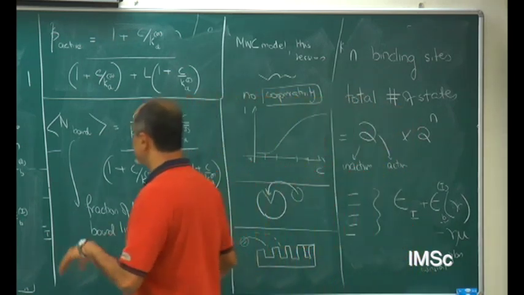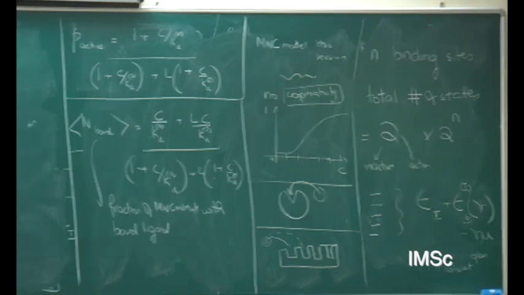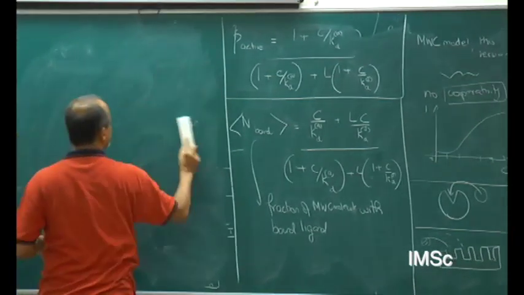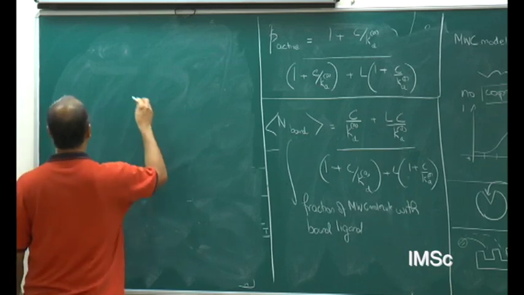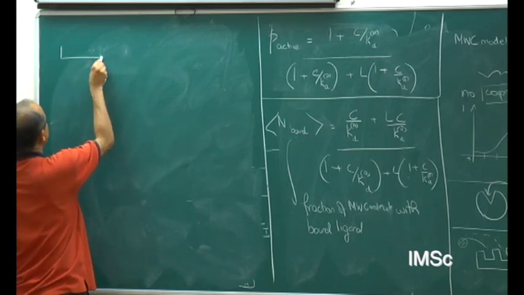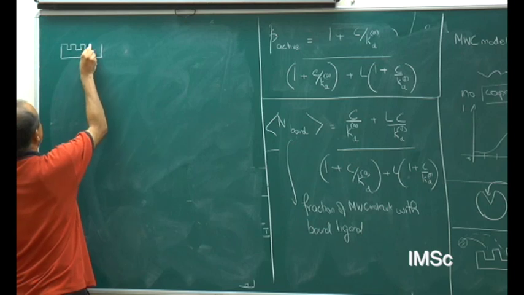A simple version of that model, an extremely simple version, is a sort of all-or-nothing model. That says there are only two states. One is a state in which nothing is bound. Here for simplicity is a picture of that.